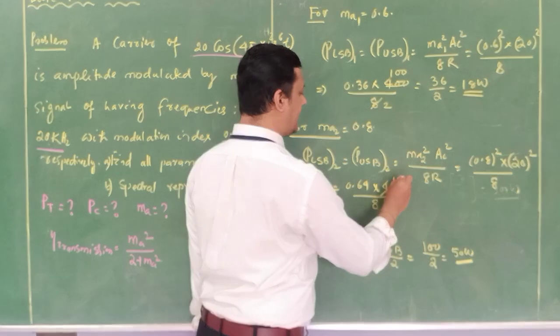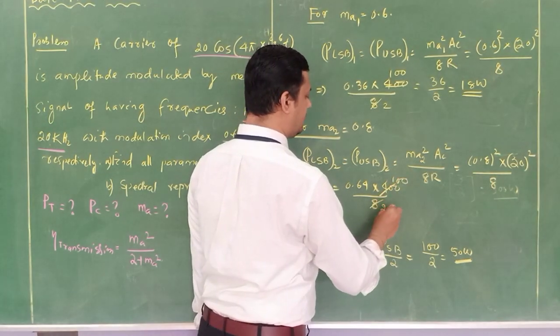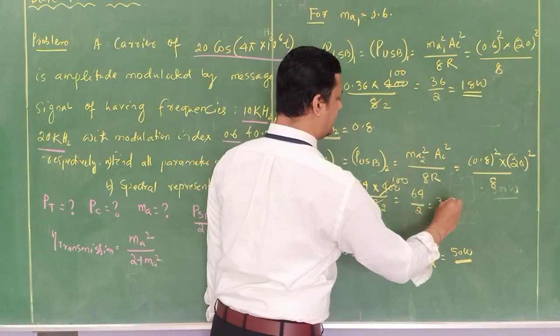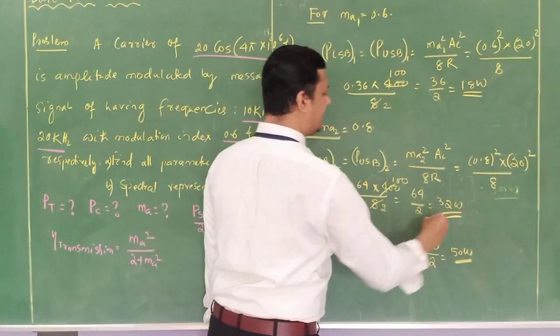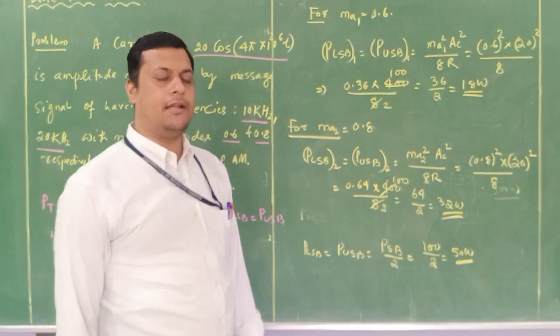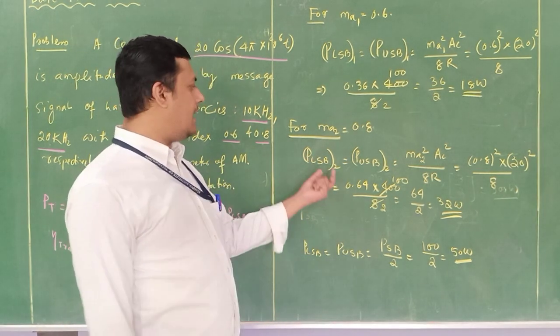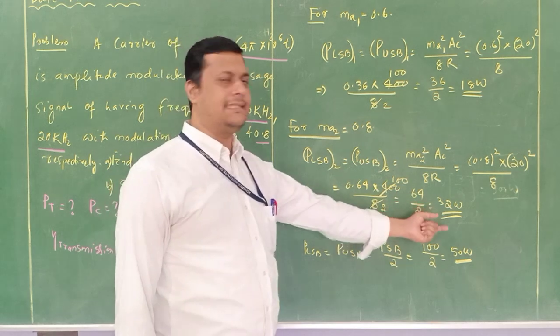Again this is 100 and this is 2. So it is 64 by 2, that means 32 watts. The power available for the second modulating signal in the upper sideband and lower sideband is 32.